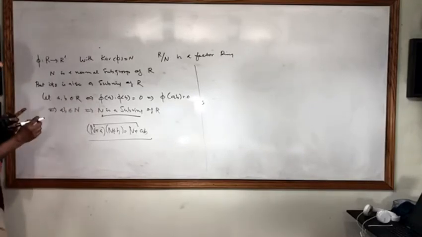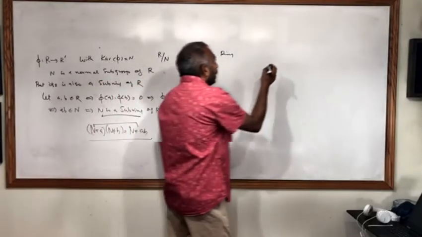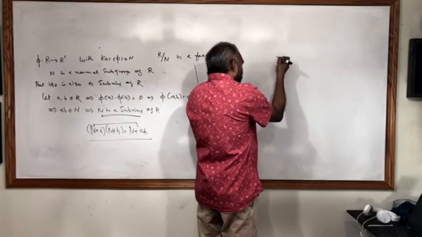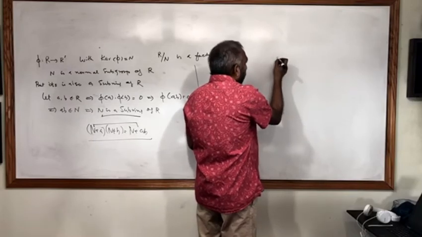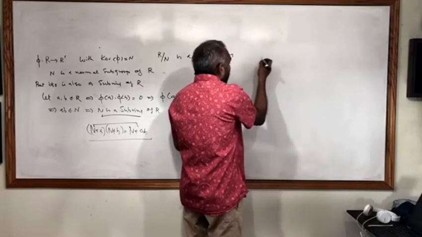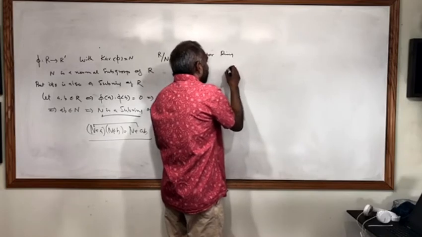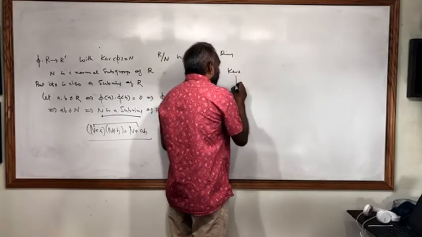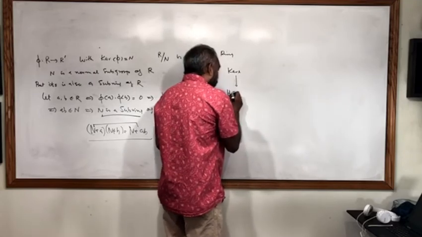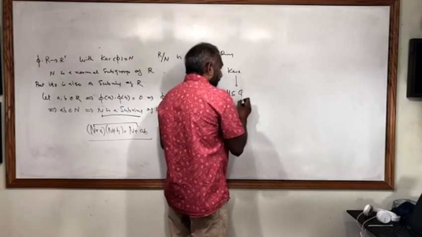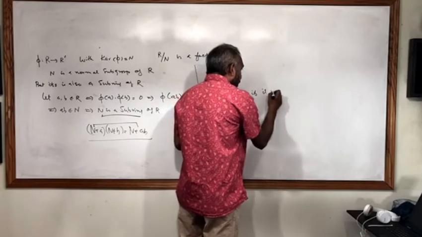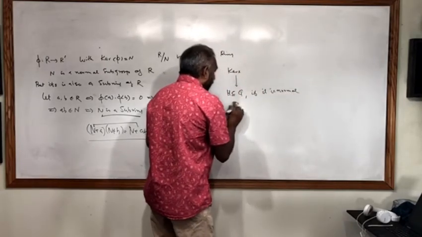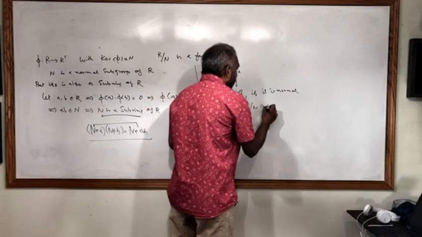Just like we did for factor groups. In factor groups, we started with the kernel, and later we said that if you take any subgroup of G and it is normal, then G over N is well defined.